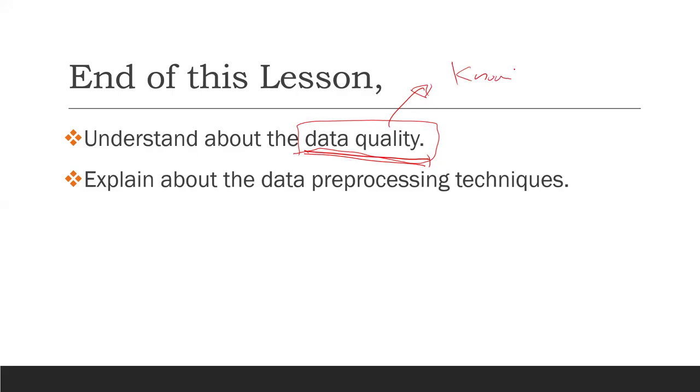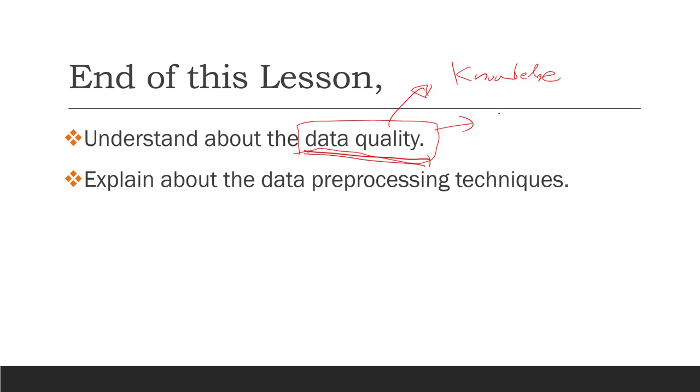If you extract any knowledge from the data, your data must be quality data. If you collected quality data, then only can you extract meaningful knowledge, or extract more important decisions based on your data. That's why, when we are doing research, we mention you need to collect your own data set, right?